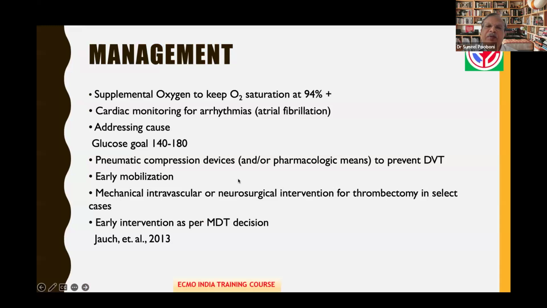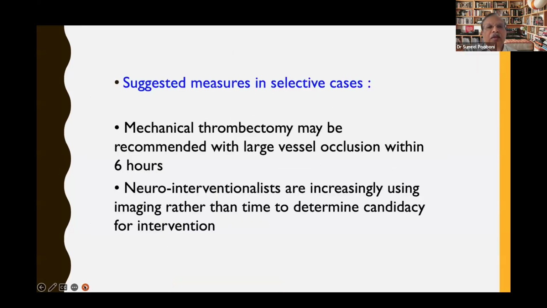Pneumatic compression devices for preventing DVTs, early mobilization, mechanical intravascular or neurosurgical intervention for thrombectomy, early intervention. MDT decisions are very important in treating and managing these neurological events.